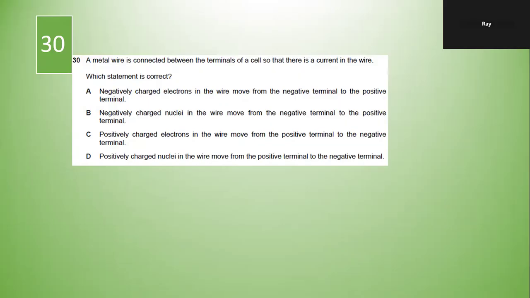Which statement is correct? A, no? Good. It's the electron that is moving. The atoms or the ions don't move. The electron.